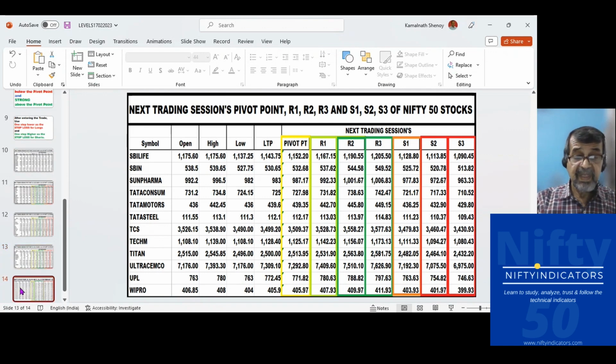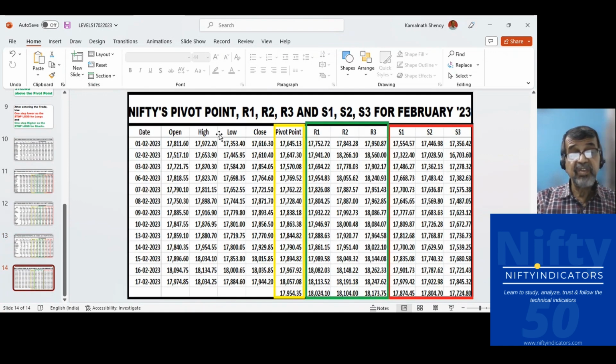Let us also see how Nifty's pivot point, R1, R2, R3, and S1, S2, S3 looked for the last 3 weeks in February 2023. This is it. Use these things well, and I'm sure we would be happier for it.